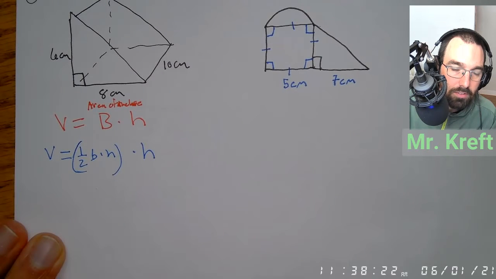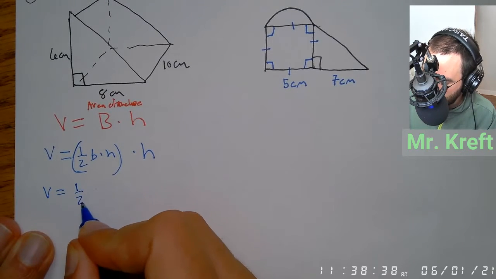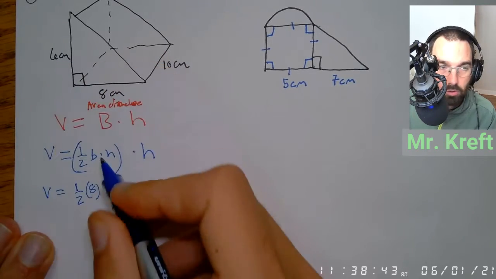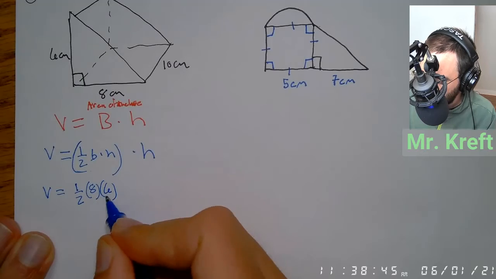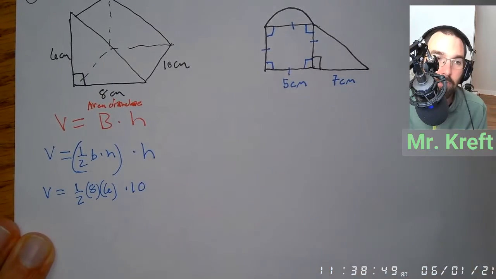At this point, we're going to fill everything in. Notice how I have three different lengths in here. If I have three different lengths, that means it's going to be three dimensions. So I'm going to have 1/2 times the base of my triangle, which is 8, the height of my triangle, which is 6, and then times the distance between the bases, which is 10.